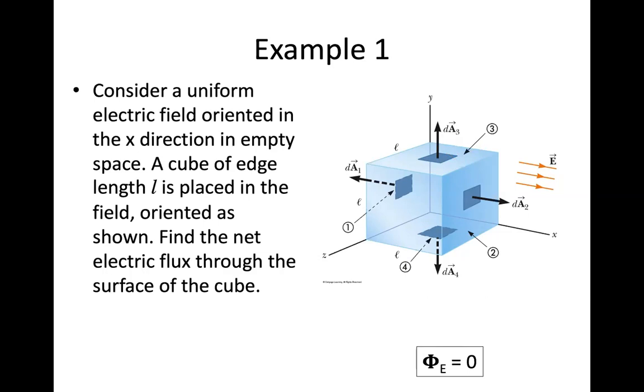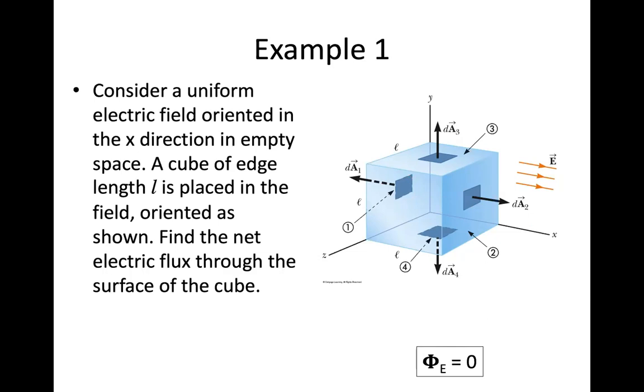What about this side 2? Well, side 2 is in the YZ plane, and the electric field lines point in the x direction. The dA, the normal vector, points in the x direction. Hey, the electric field lines are going from inside the cube to outside the cube. They're going to contribute to the flux. And I can see the same thing is going to happen with face 1.